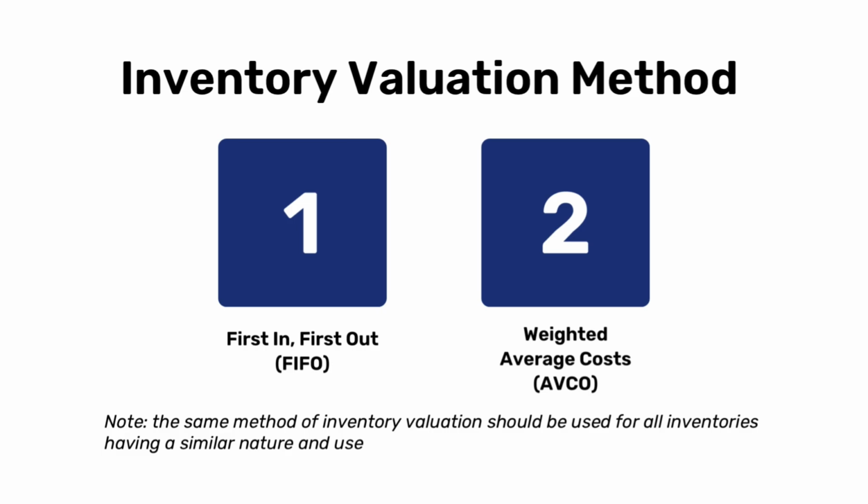And we have a note over here that the same method of inventory valuation should be used for all inventories having a similar nature and use. These are all theory, and I assume everything learned from FA. Basically, I'm only refreshing it in FR.